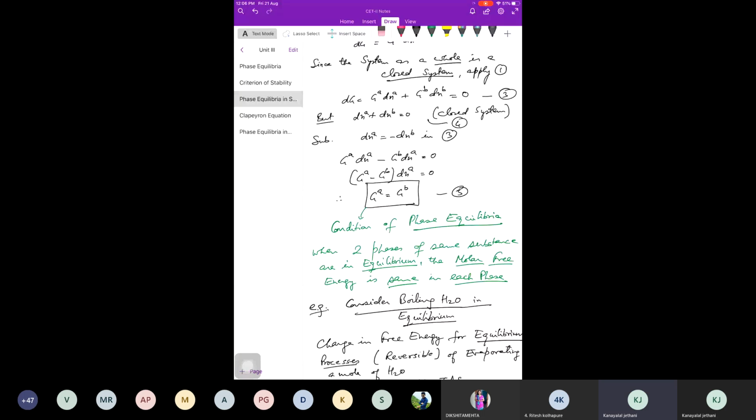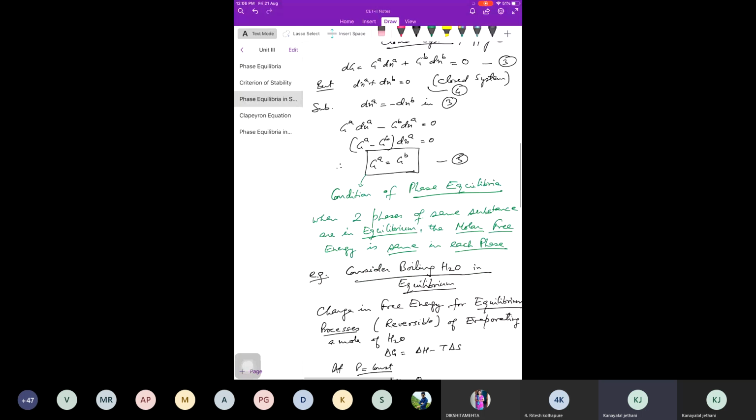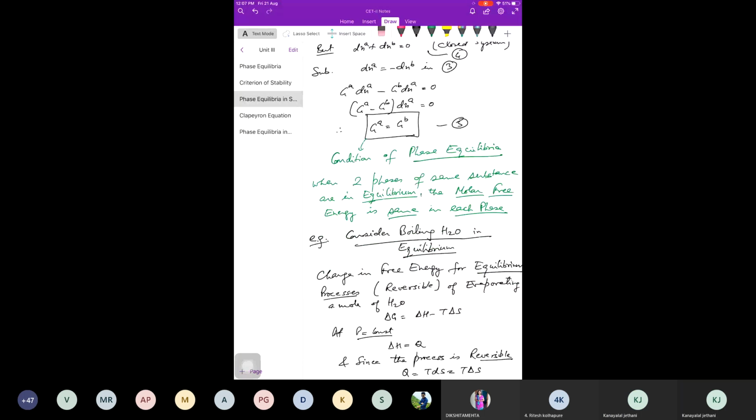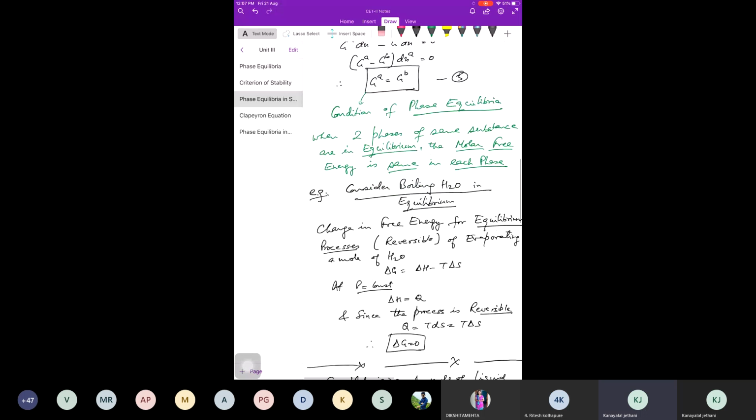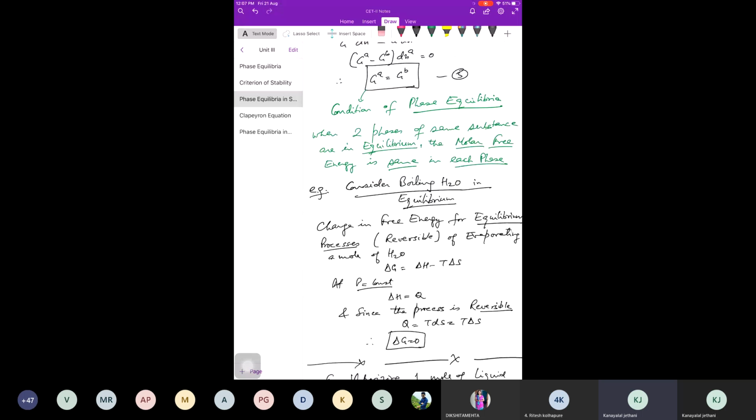So if you consider boiling water in equilibrium, for the change in free energy for equilibrium processes, we are considering reversible. Evaporating a mole of water, delta G is equal to delta H minus T delta S. We have seen this before. Right? At constant pressure, delta H is equal to Q. And since the process is reversible, Q is equal to T delta S. Right?